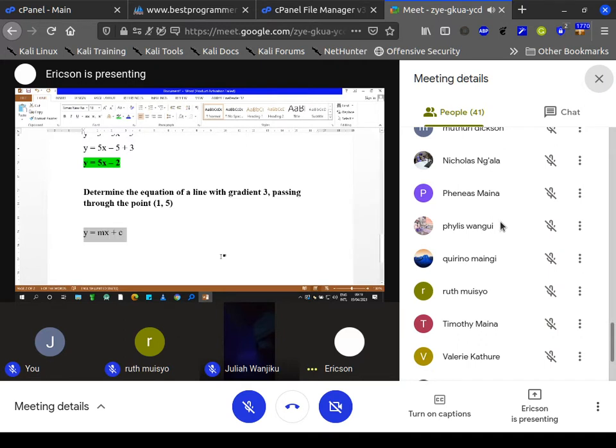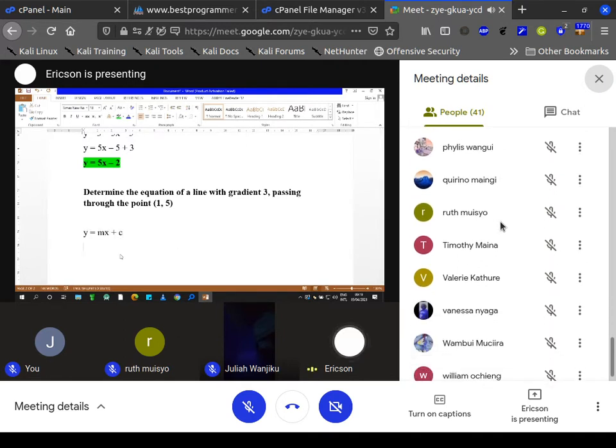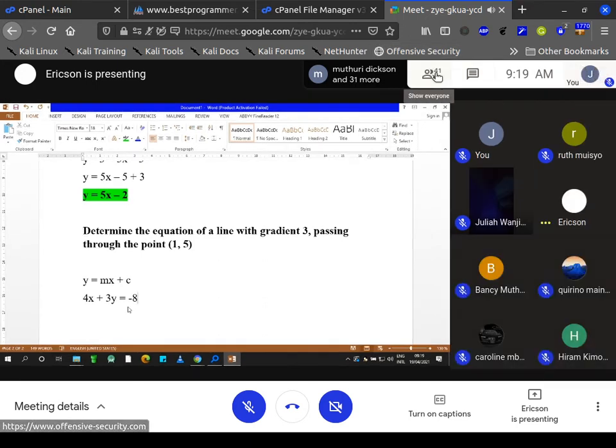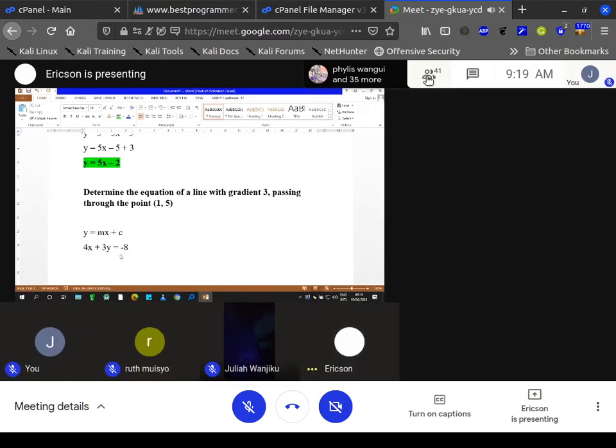So we can also take a look at another equation. Let's say you have been given 4x plus 3y equal to negative 8. And you have been told to express it in the form of y equal to mx plus c.